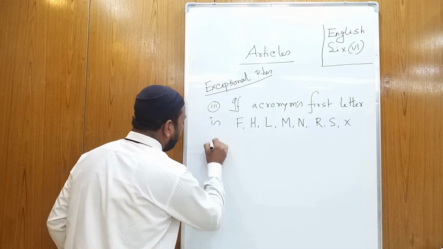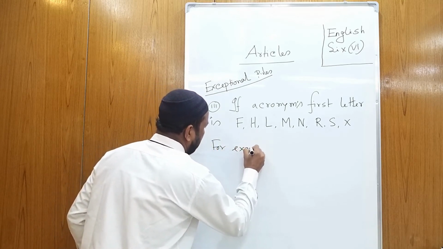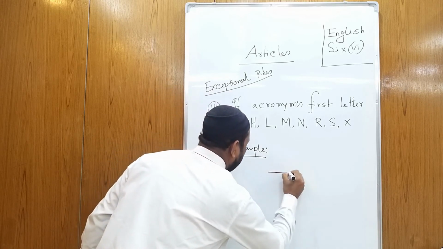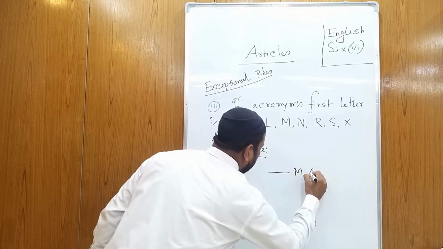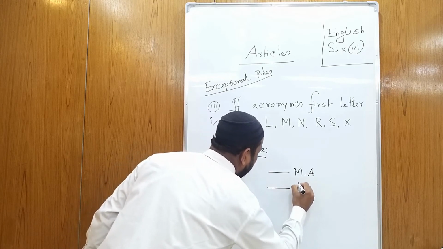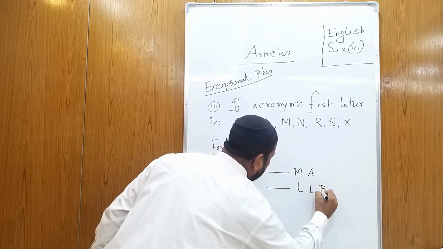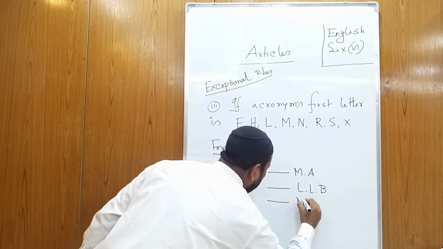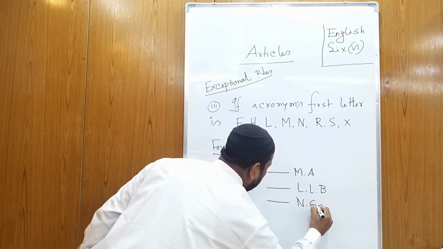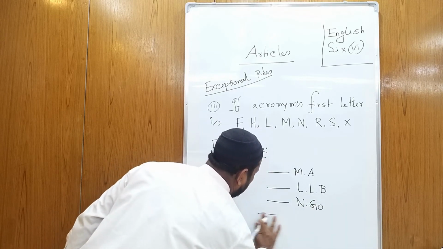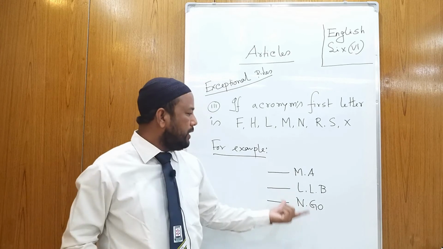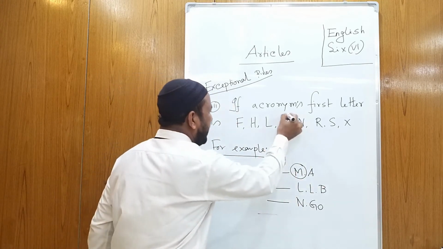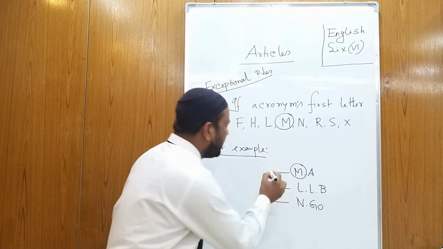For example, MA, LLB, NGO. In this example, you can see the first letter of MA is M, pronounced "em". That's why you have to use "an".